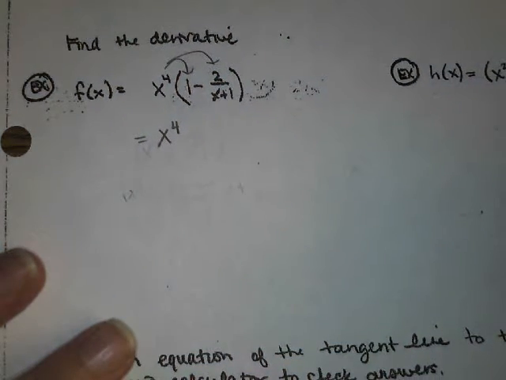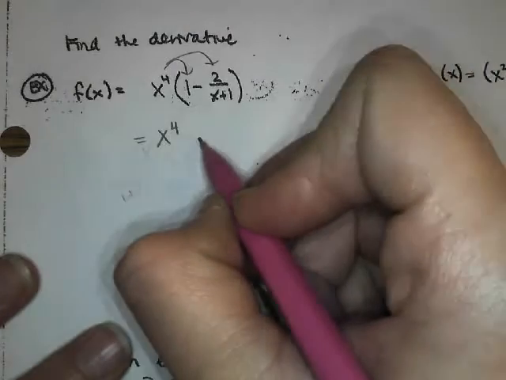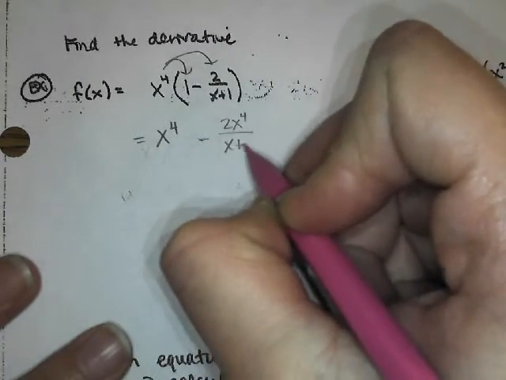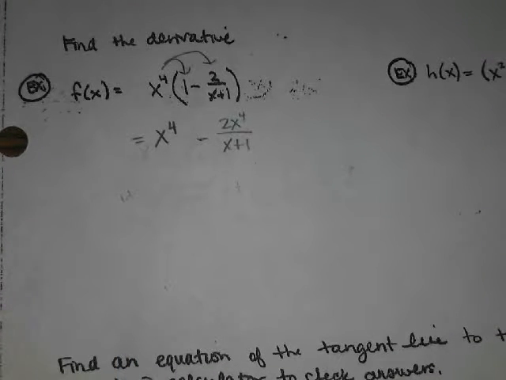Just kidding. Minus 2x to the 4th over x plus 1. Distributing. Because now, even though I'm still going to have to do a quotient rule, it's not the quotient rule within the product rule. I would avoid that at all costs, having to do the product rule within the quotient or vice versa. Now I can just go ahead and find the derivative.